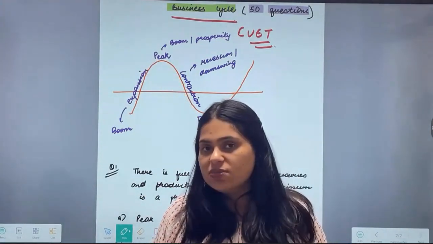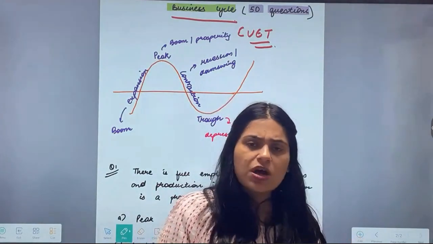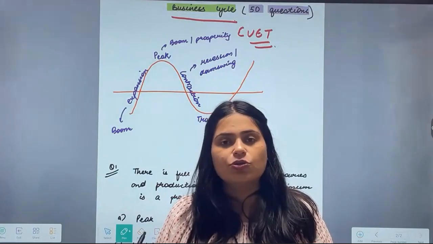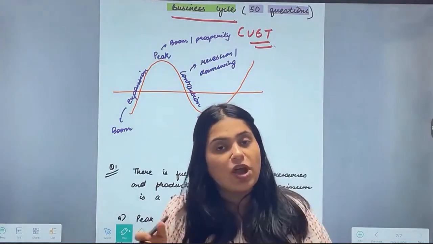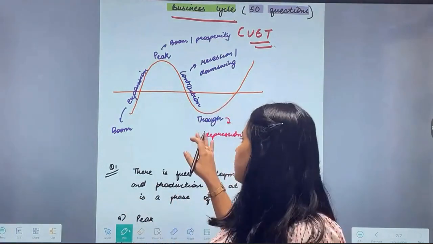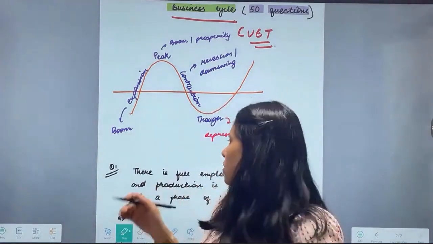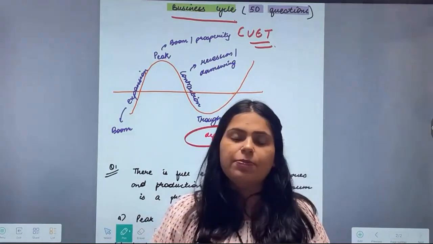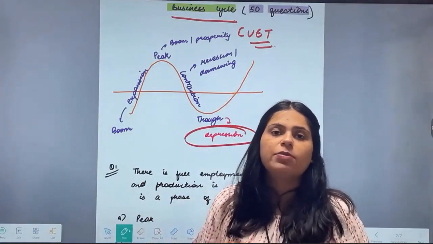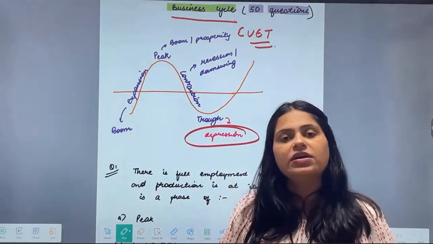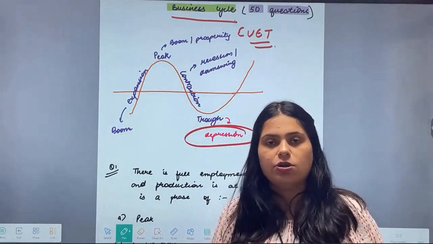Period of contraction means what? That people start losing their jobs, demand starts falling, prices start falling, which is followed by a period of drop or depression. Depression means you are at the lowest point in your economy.